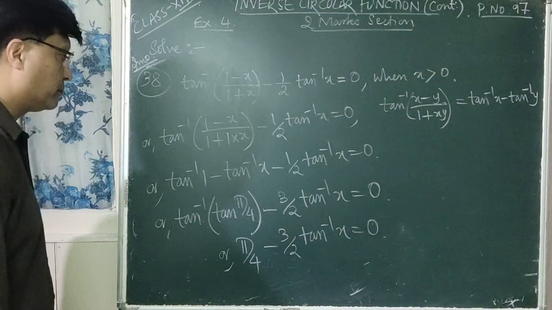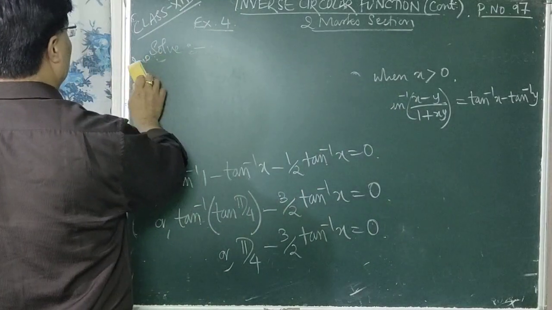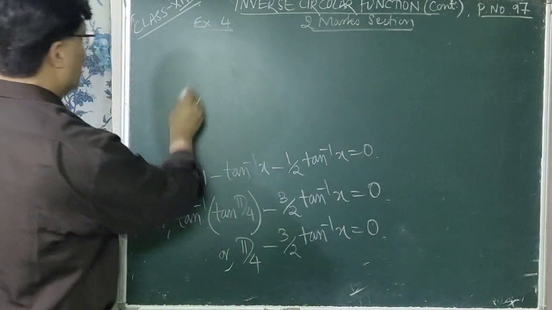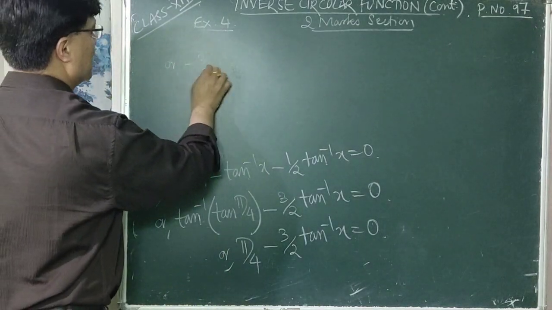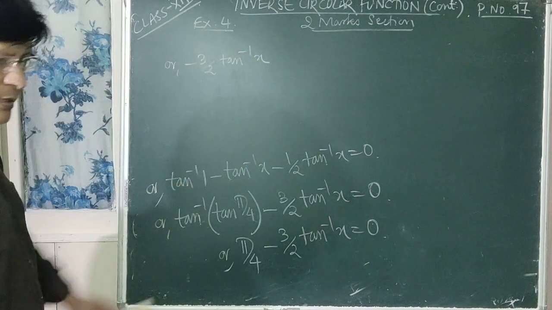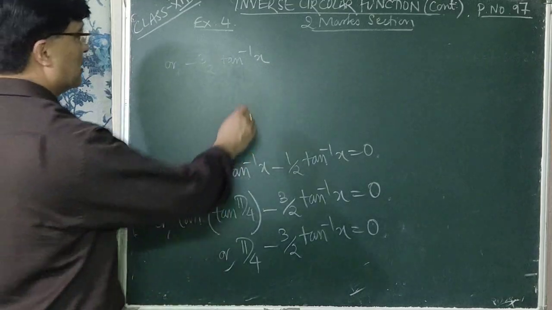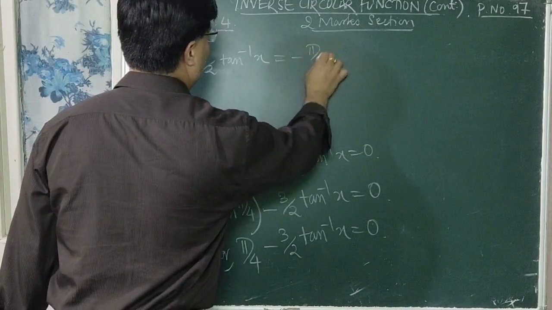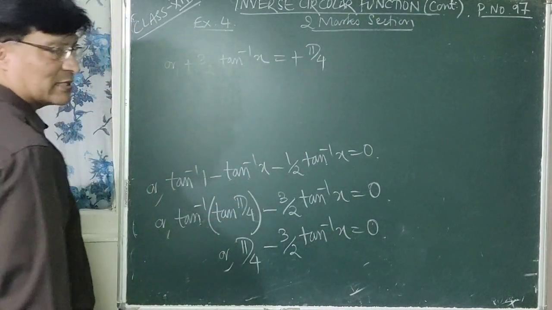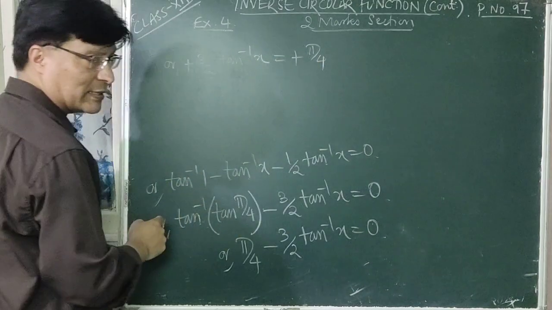Okay. Now let us solve it. So minus 3 by 2 tan inverse x, keep it on the left hand side, minus 3 by 2 tan inverse x, and then take pi by 4 to the right hand side. So which is equal to minus pi by 4, right? So here minus gets cancelled, this is left hand side, this is right hand side.